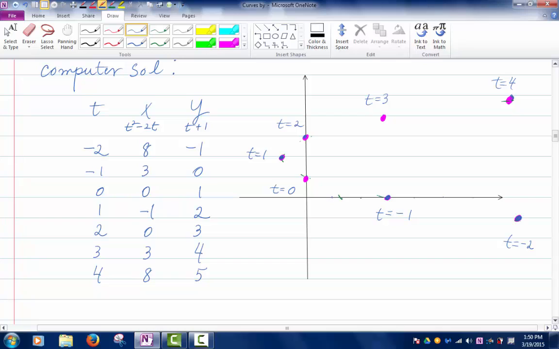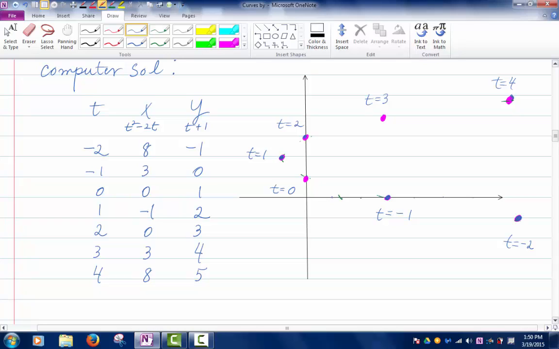When t is 1, you get the point -1, 2. When t is 2, you get the point, what is that point? When t is 2, you get the point 0, 3. And then when t is 3, you get the point, what is that, 4, 3? No, 3, 4. And then when t is 4, you get the point 8, 5.